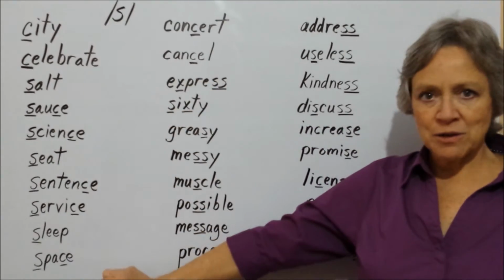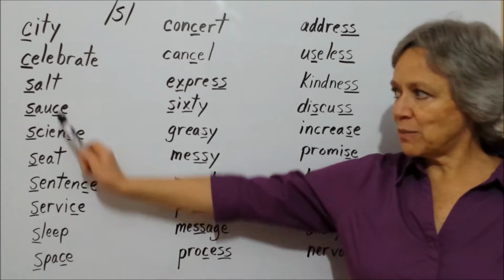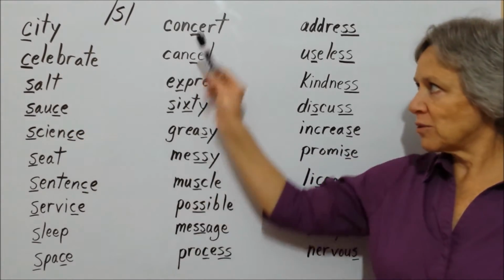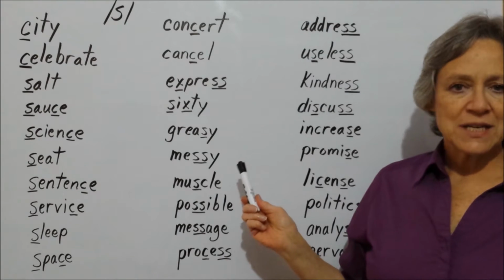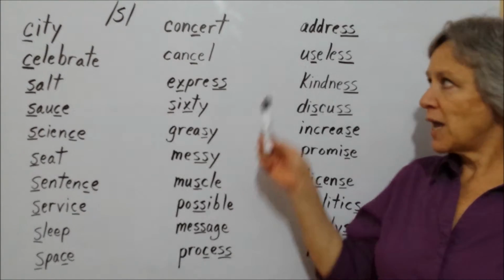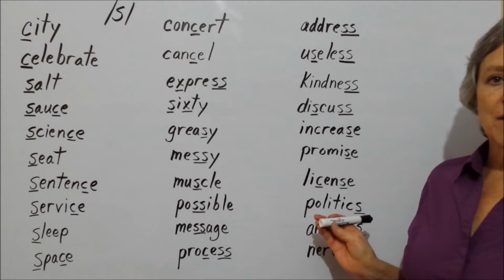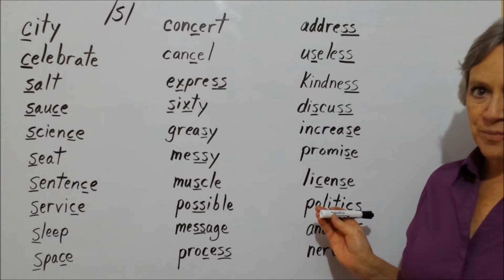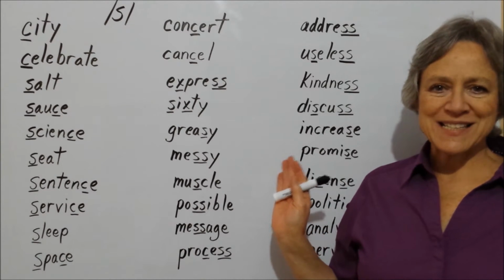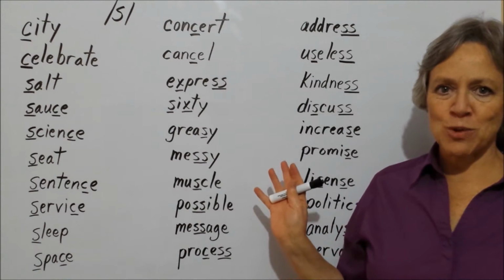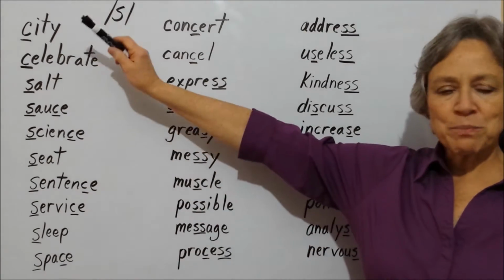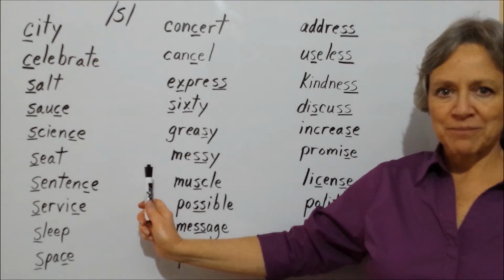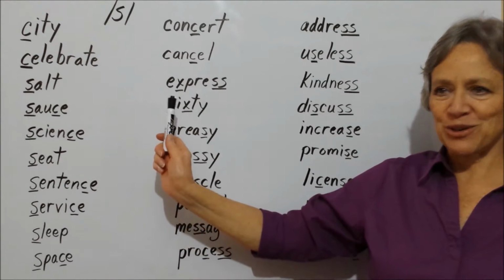The words in this column have S at the beginning of the word. The words in this column have S in the middle of the word, and the words in this column have S at the end of the word. Many of them also have S in another place in the word as well. Please repeat each one of these words after me, just for practice for you.